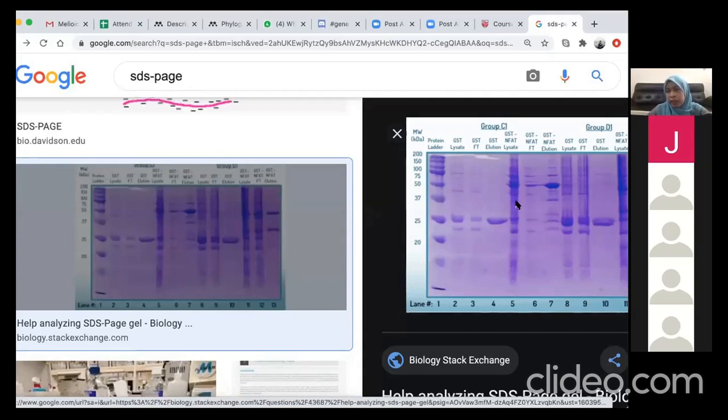Initially it was like this, and then with a simple purification, a few steps, you can see less impurities now. There's no more of these impurities down here, and in the middle here, and in between here, majority of them have been removed.